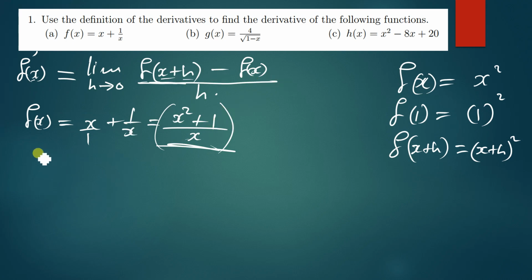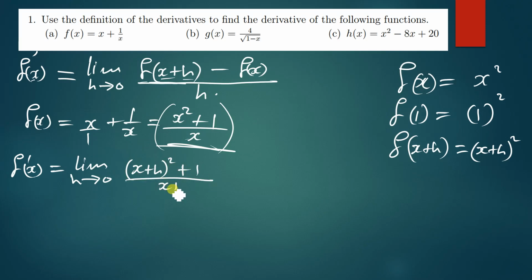To find f prime of x, we're going to have the limit as h approaches 0 of f of x plus h, where we put x plus h, so we have x plus h squared plus 1, everything over x plus h.